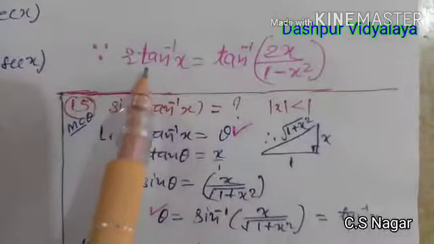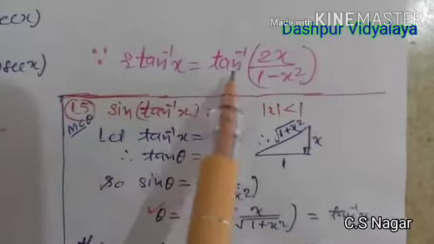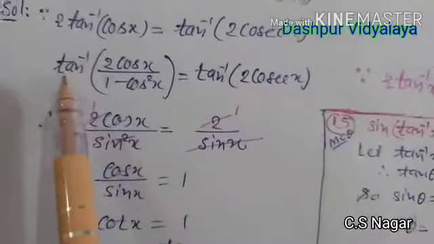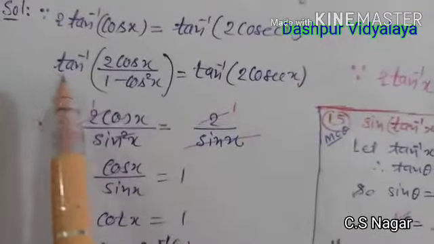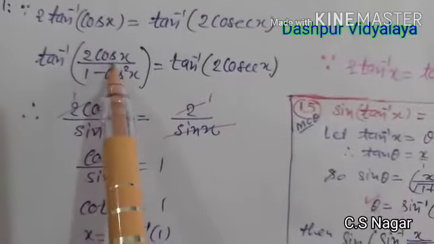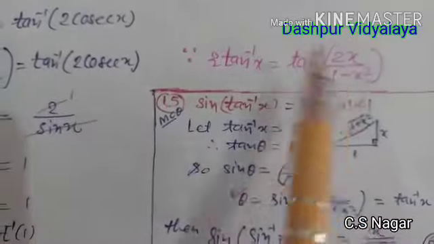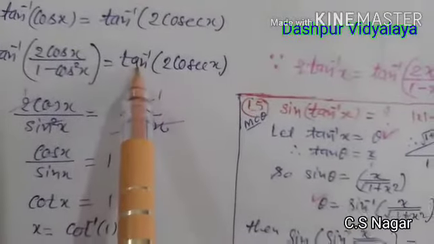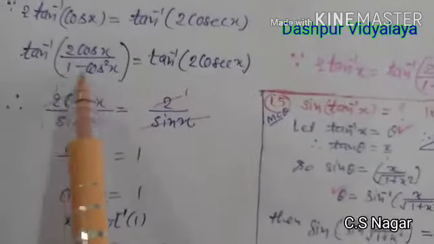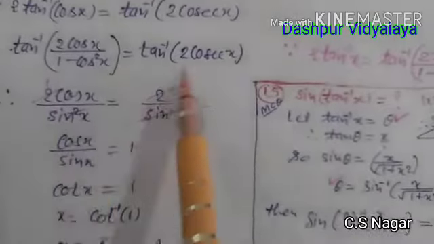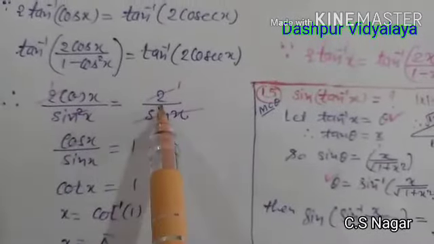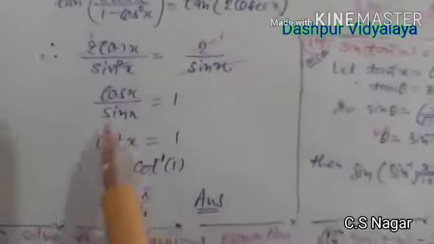Since 2 times tan inverse x is tan inverse 2x upon 1 minus x square, in place of x write cos x. Now tan inverse and tan inverse both cancel out, only 2 cos x upon 1 minus cos square. 1 minus cos square is sin square, and 2 cosec means 2 upon sin. Here 2 cancels out, this is sin and that is sin square, only one sin cancels.